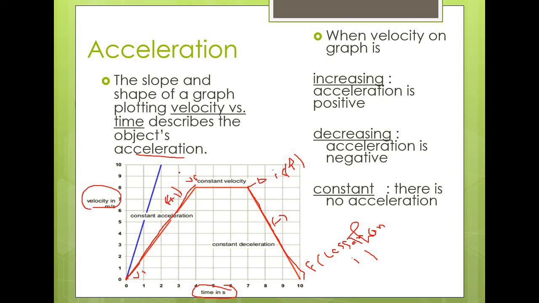When the velocity is constant, there is no acceleration. When the train moves on a long trip at a constant velocity, the initial velocity equals the final velocity, so the change in velocity is 0 and there is no acceleration here.